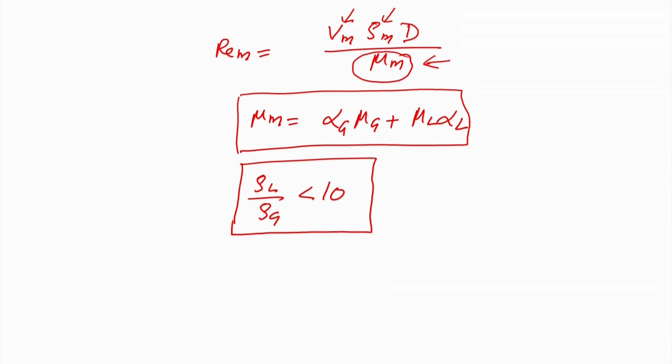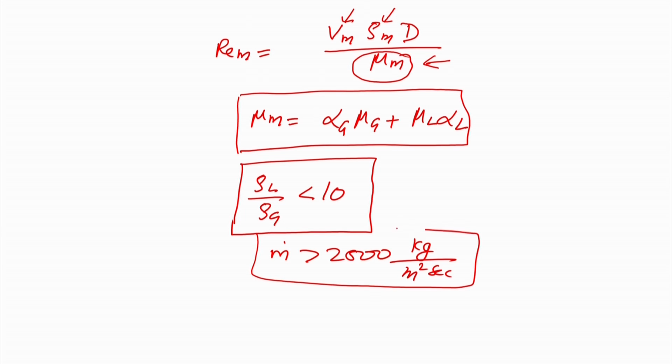The rho L upon rho G is less than 10, or m naught is greater than 2000 kg per meter square per second. Only for these conditions this homogeneous model is valid, which is true for oil gas transportation.